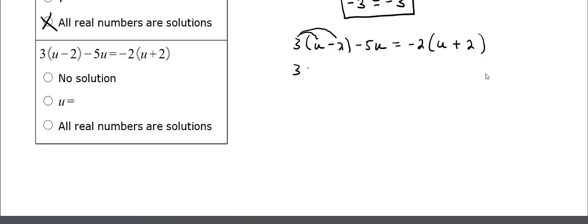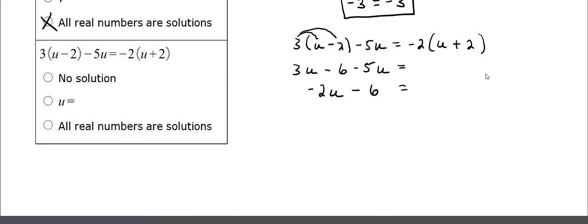This would give us 3u minus 6 minus 5u. Combining like terms, 3u minus 5u is negative 2u. So on the left-hand side, we have negative 2u minus 6.